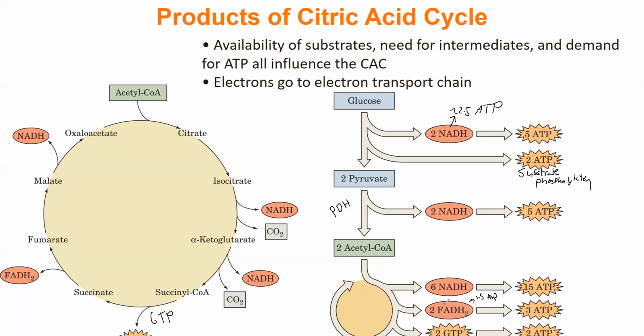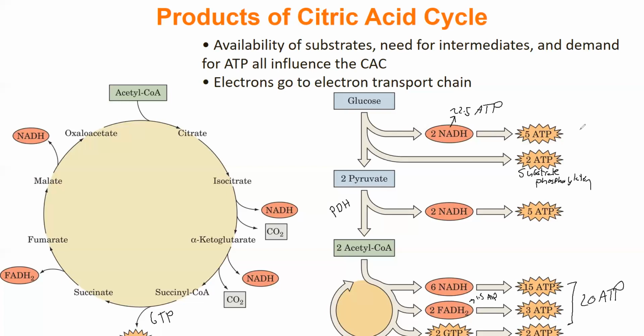And when we talk about oxidative phosphorylation, we'll actually go over why NADH gets more ATPs than FADH2. But here in the total citric acid cycle, not even considering PDH, for one glucose, you are looking at 20 ATP.